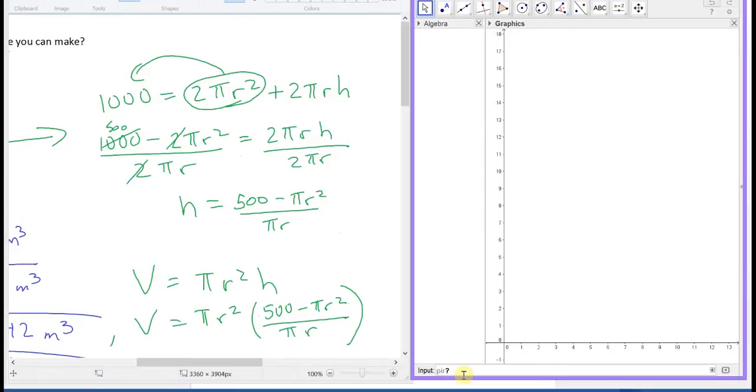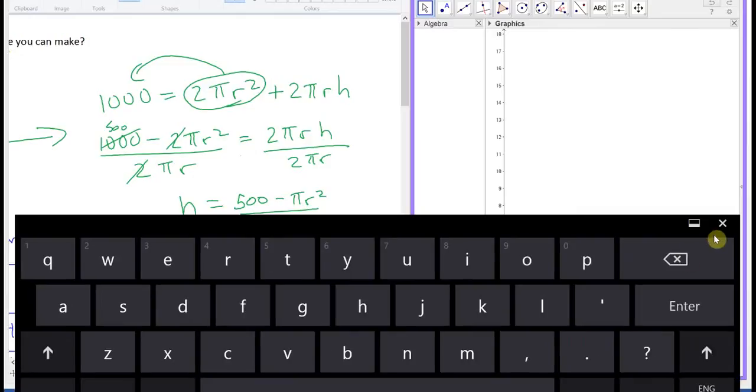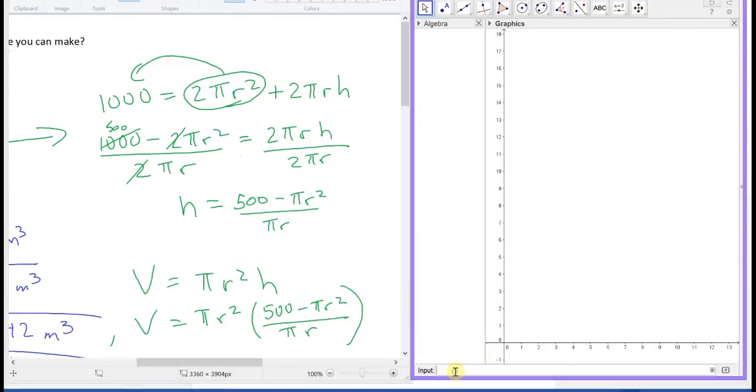x, power of 2. There we go. My keyboard was in French. It did not like it. Pi times r squared.